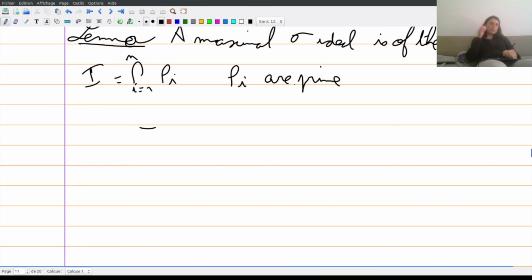Note that if you want a maximal ideal, you have n equals 1, because otherwise you would find a bigger ideal. But here, the automorphism sigma may permute the Pi, as in the example.